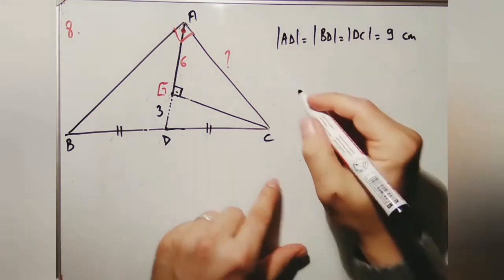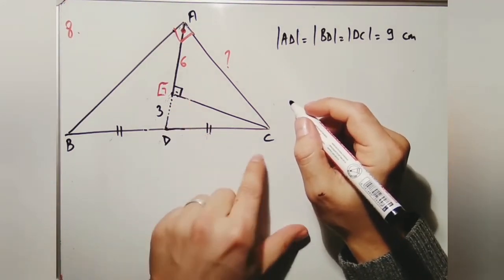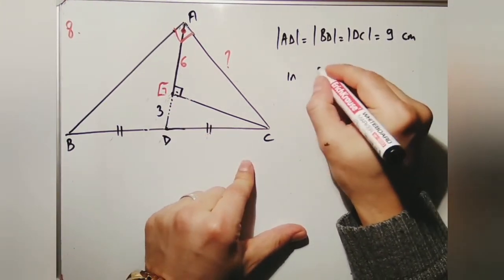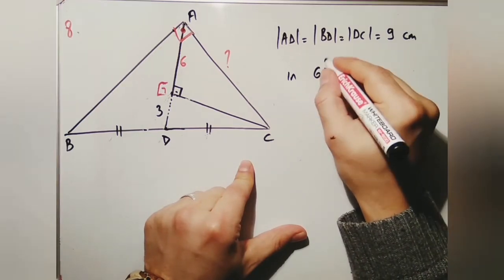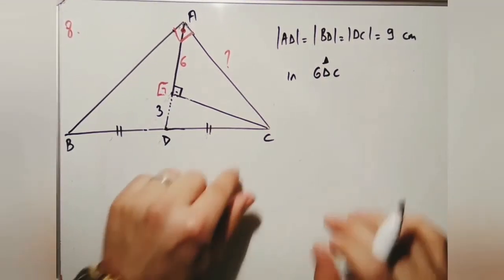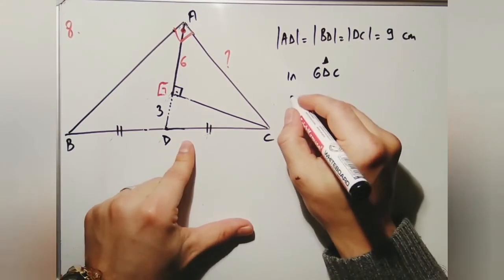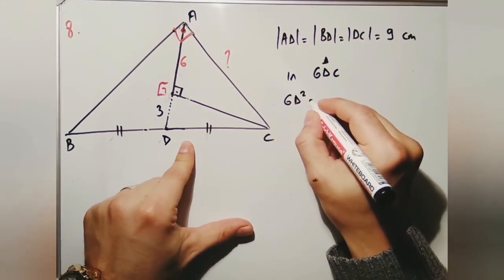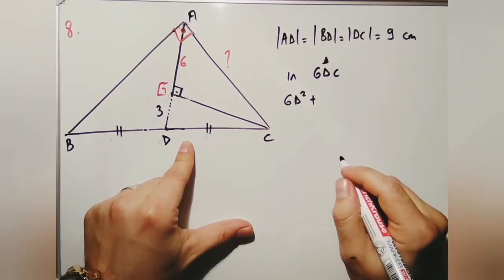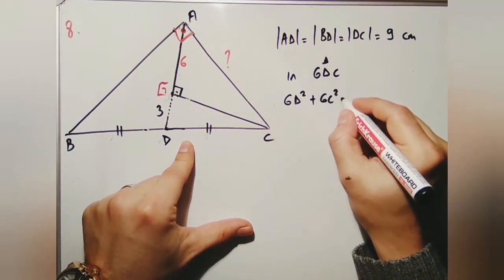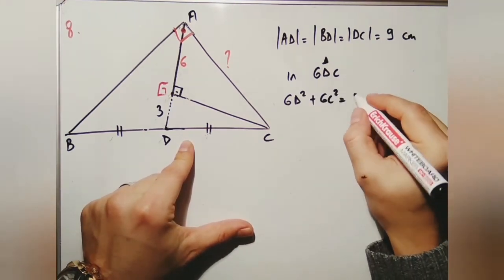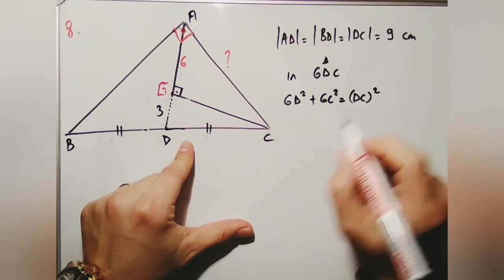Additionally, in triangle GDC, we are going to apply the Pythagorean theorem. So GD squared plus GC squared will give us the length of DC squared.